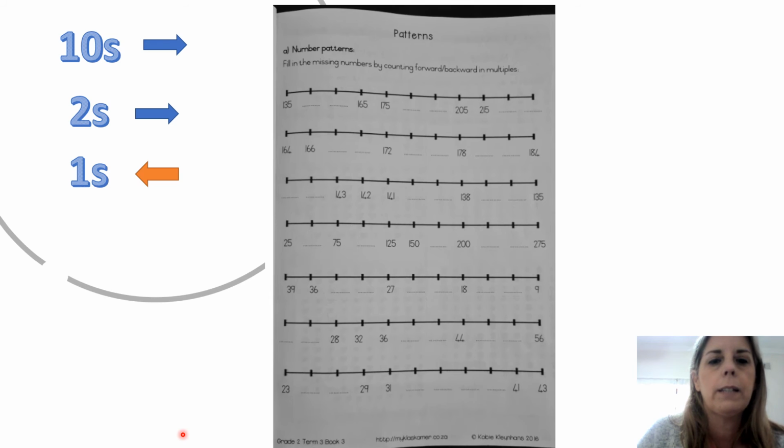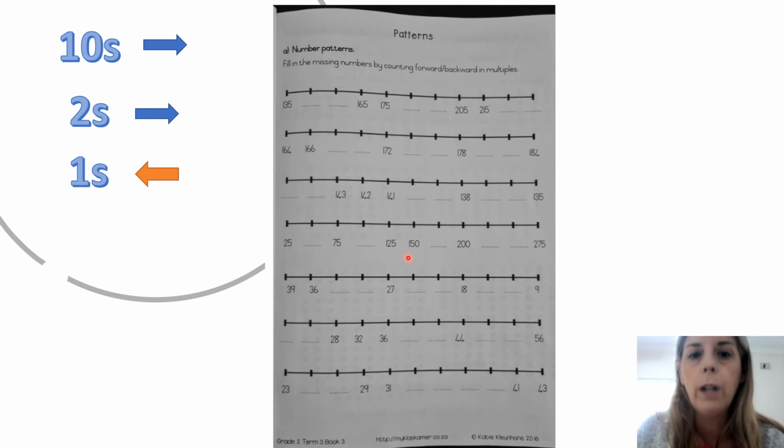Right, the next pattern, I have 25 and then 75, and here I have 2 numbers next to each other, so that'll help me figure out my rule. 125, 150. What is different? The ones number, yes, it's 5, and there it's 0. The ones number changes. The tens number, yes, it has changed.